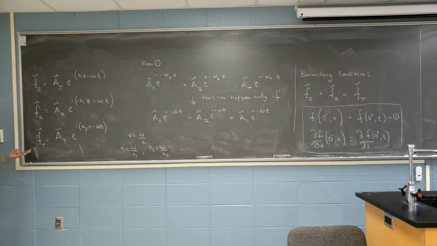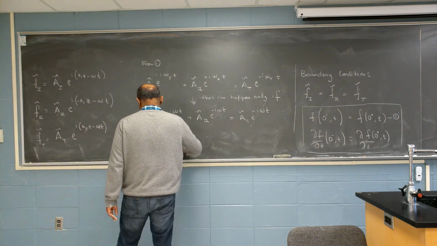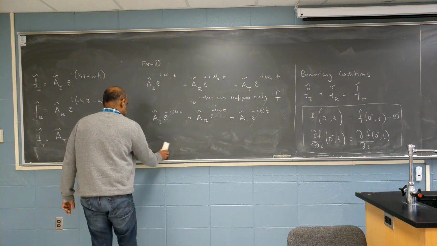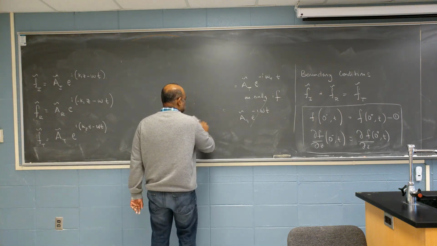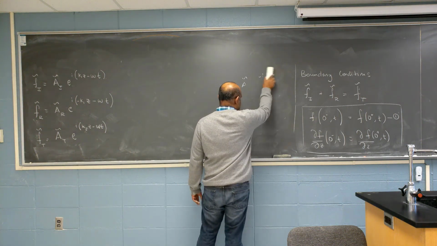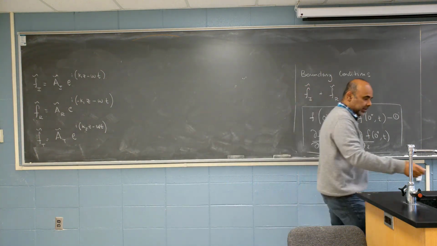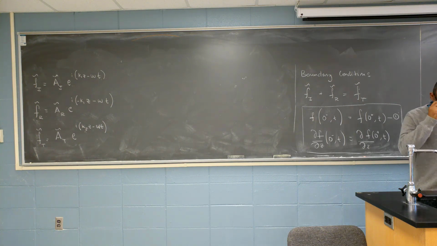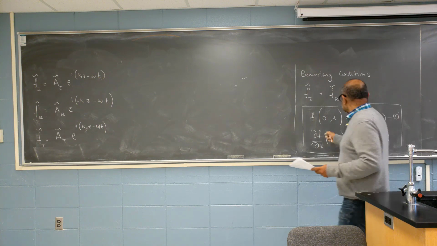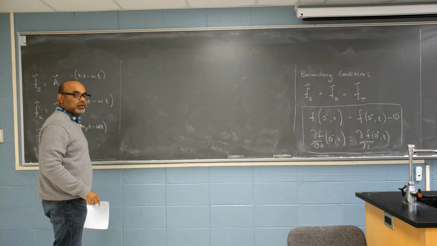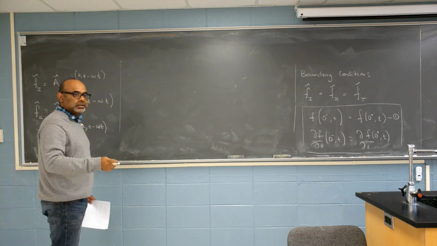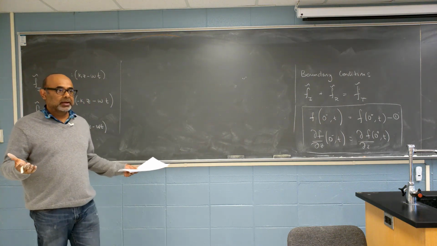Correct? Now it's simple. We just apply the boundary conditions. It's just algebra, so let me not make a mistake. Let me just calculate. The first one, all the time dependence has canceled out because every term has e to the i omega t.